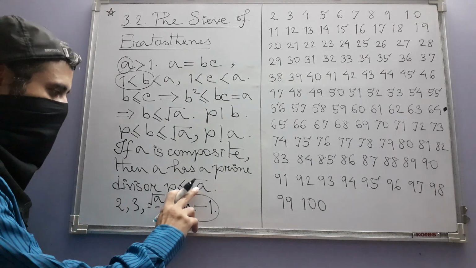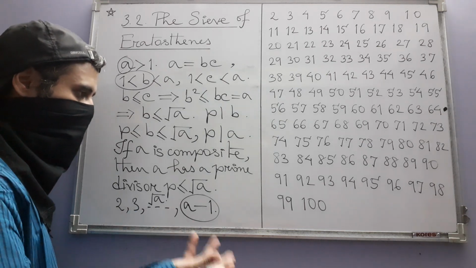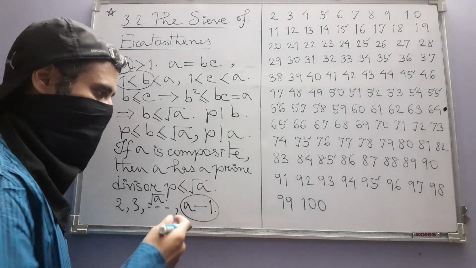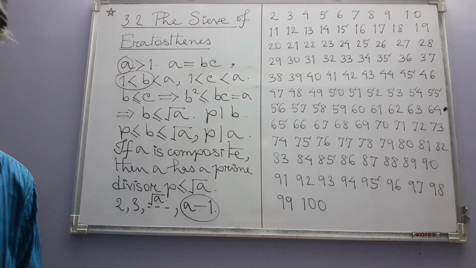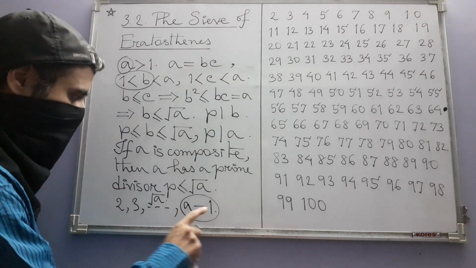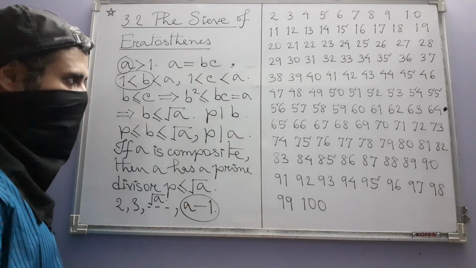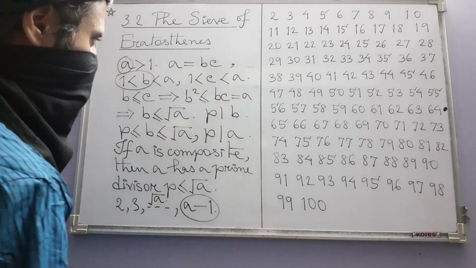For some fairly small A, this will allow us to see whether A has a factor or if A is a prime. So let us look at an example. Okay, but then we will see how this property can further be used to obtain the sieve of Eratosthenes.